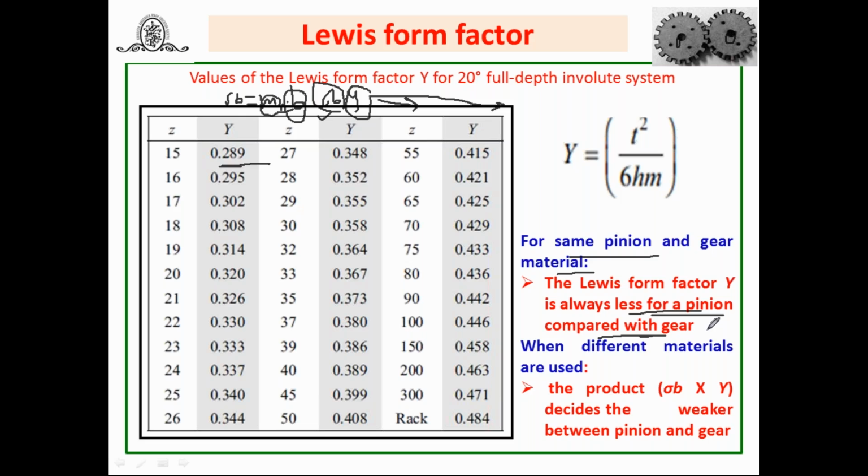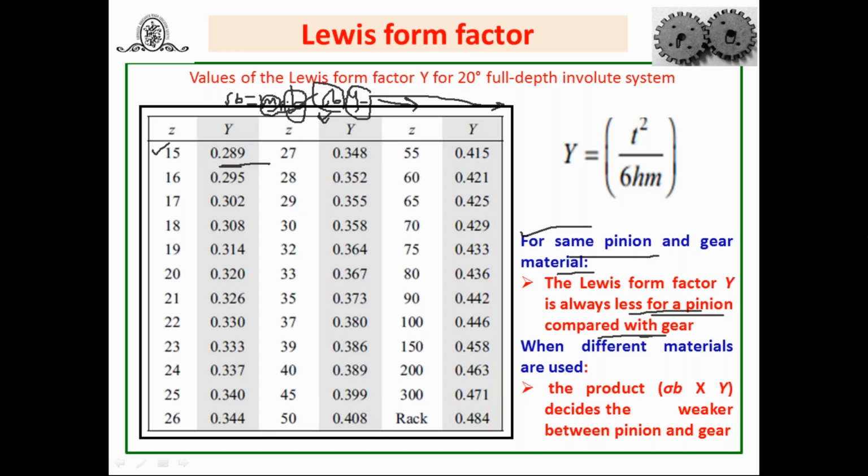But when the same material is used for pinion and gear, the pinion is always weaker. I have explained why: m is the same, b is the same, sigma b is the same, only Y decides. And for the pinion, the number of teeth is less than the gear. That's why the Y value is less, and that's why the pinion is always weaker.